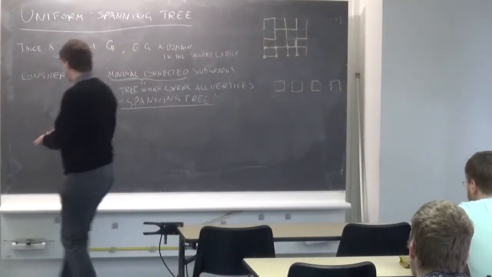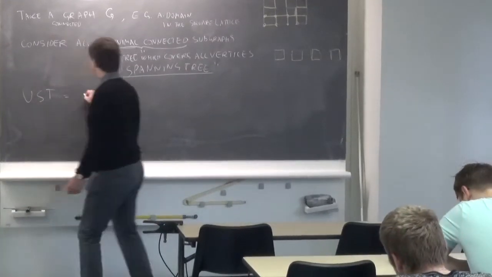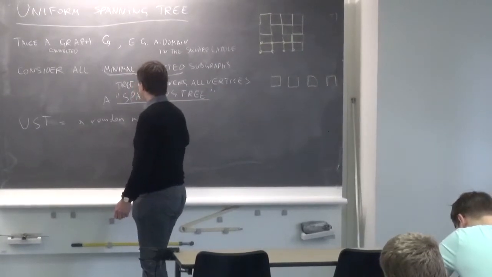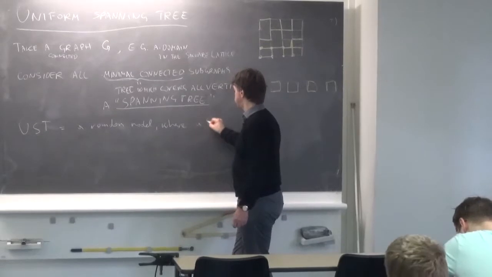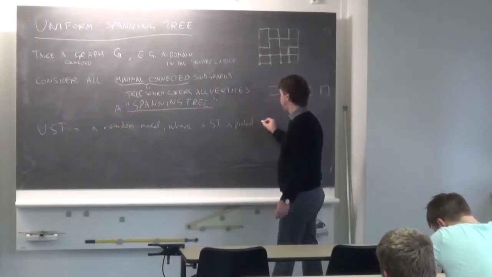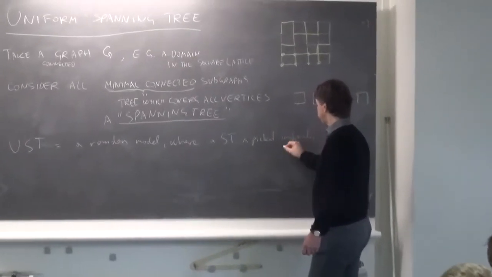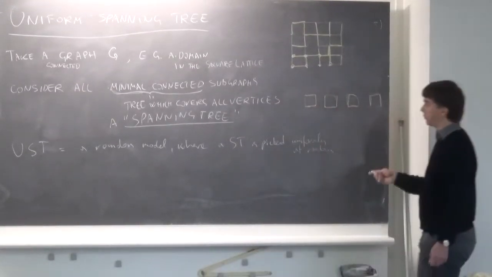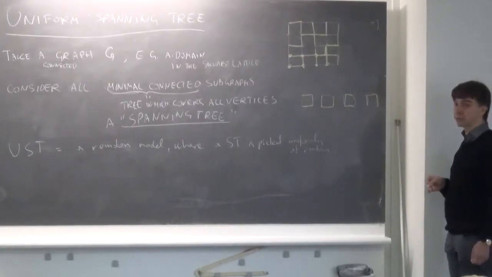The uniform spanning tree, UST, is a random model where a spanning tree is picked uniformly at random. So here each one of them has probability 1/4 to be chosen.